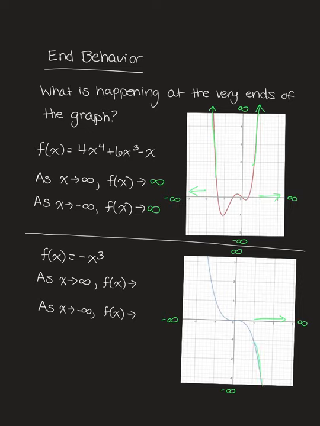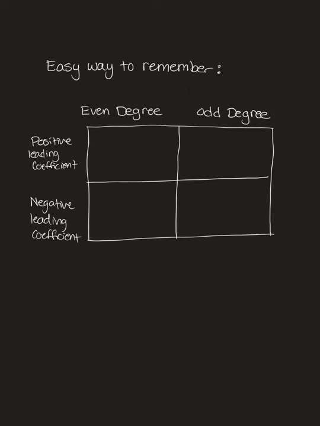If you trace it, the graph is shooting downwards towards negative infinity. As x goes to negative infinity, so as we're looking to the left, where is the graph going? If you trace it, it's shooting upwards towards positive infinity. And so this is how you determine end behavior.